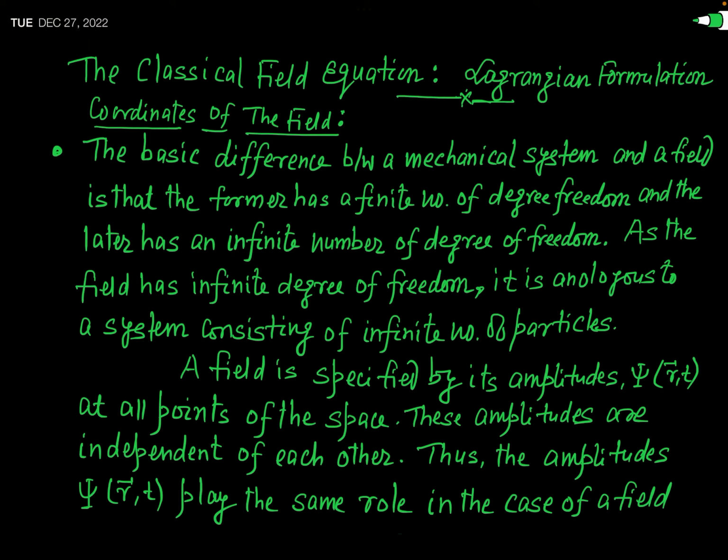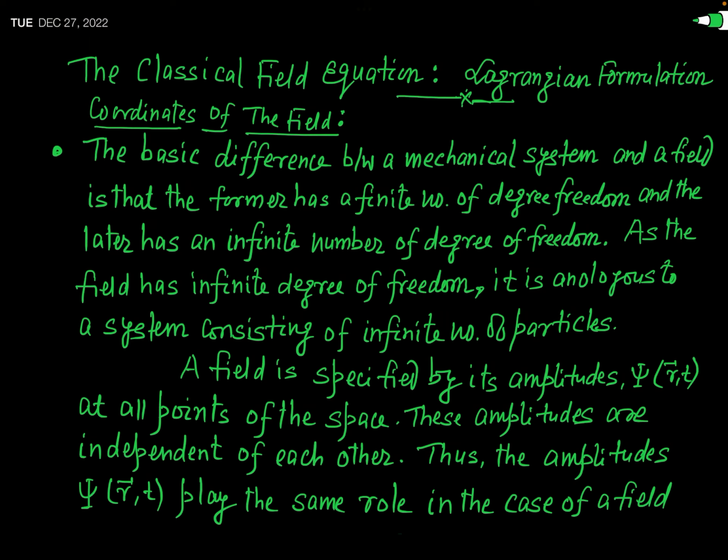Okay. But before knowing the field equation by Lagrangian formulation, we will have to know something about the coordinates of the field. You know, in classical mechanics, when we describe a system of particles, then the system is specified in terms of the generalized coordinates in Lagrangian formulation.